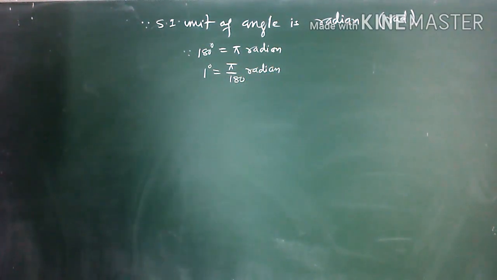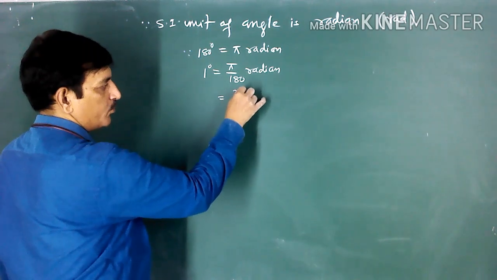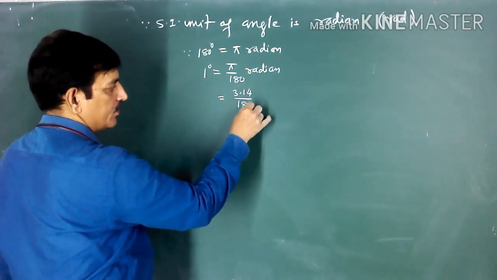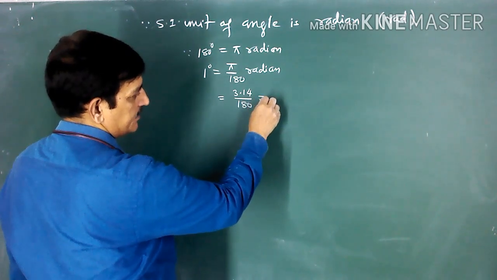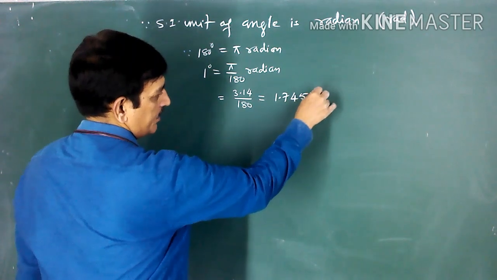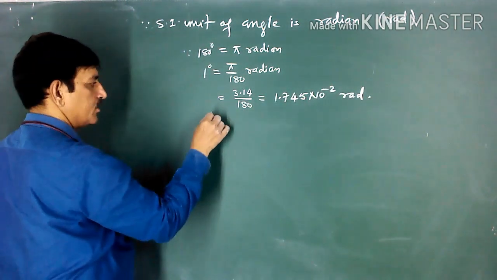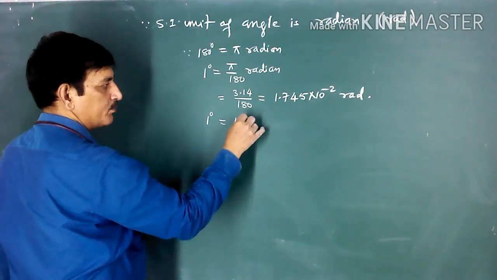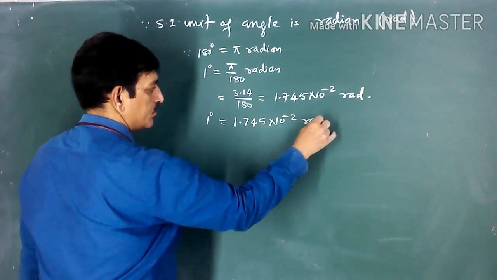If we divide pi by 180, pi is 22 by 7, that is 3.14, divided by 180. If we calculate this value, then we will get 1.745 into 10 to the power minus 2 radian. So we can write 1 degree is equal to 1.745 into 10 to the power minus 2 radian.